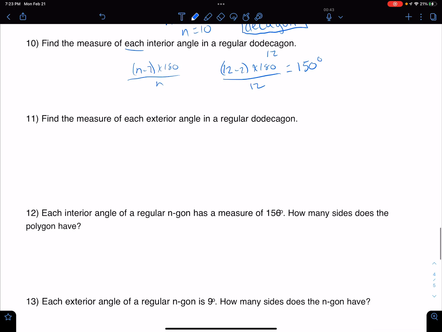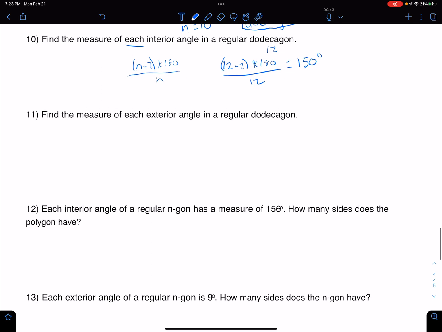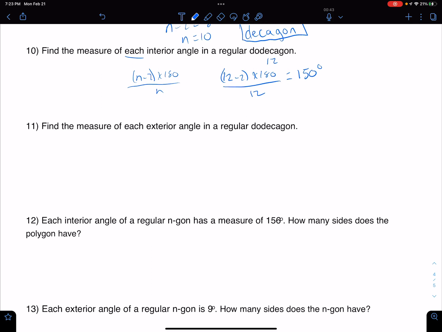Now, number 11 says find the measure of each exterior angle in a regular dodecagon. Remember I said interior angles plus exterior angles always equal 180. So I could have said 180 minus 150 is equal to 30.